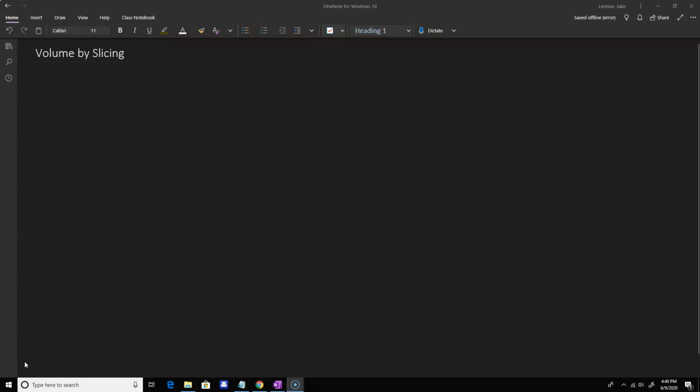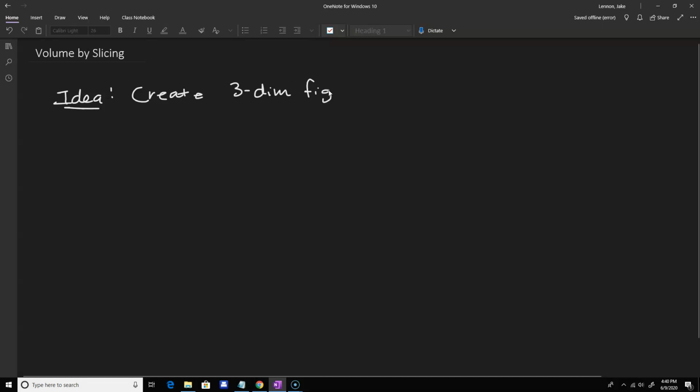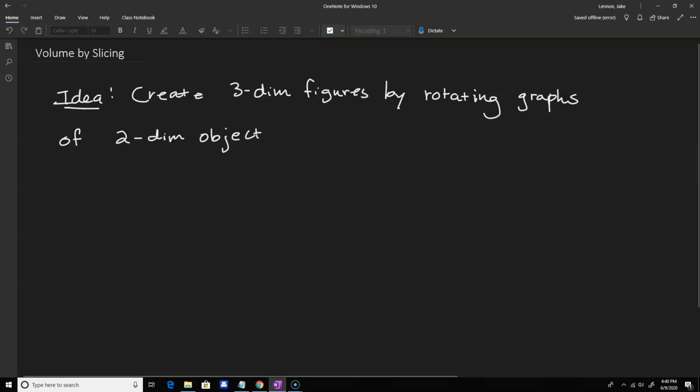Hello everyone, this is Dr. Lennon, and today we're going to talk about using integrals to calculate volumes of some objects. We're going to look at the disk method and also the washer method, which works when you take fairly typical formulas and rotate them about the x or the y axis. So obviously the idea is to create three-dimensional figures by rotating graphs of two-dimensional objects. For example, say we're looking at y equals x, a particular subsegment of that.